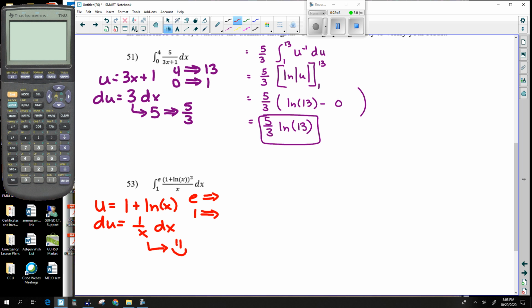Okay, so ln of e is 1 because it has an exponent of 1, so that'd be 1 plus 1. ln of 1 is 0, so this is in essence 1 plus 0. And so again, this is eliminated, and so everything is taken care of. Whoa, what the heck just happened there? Try that again.